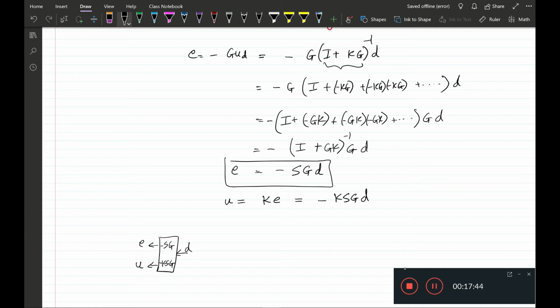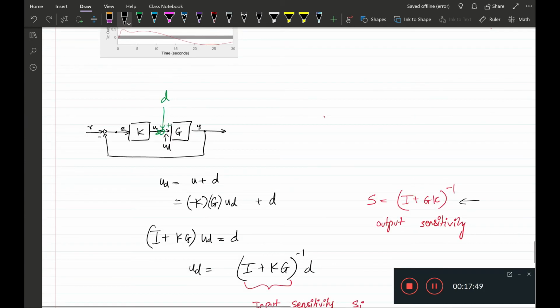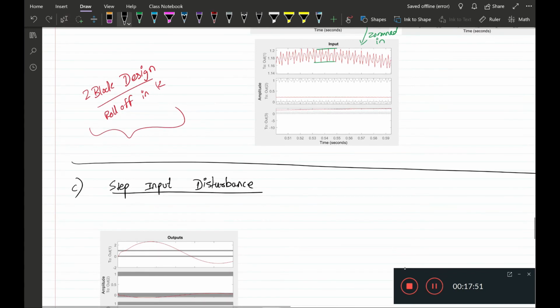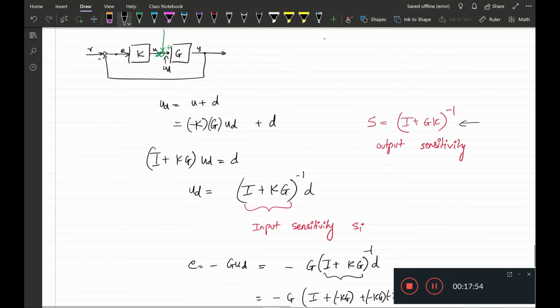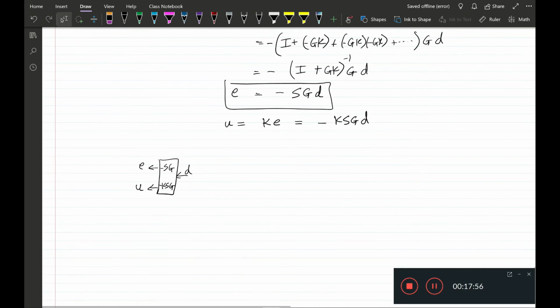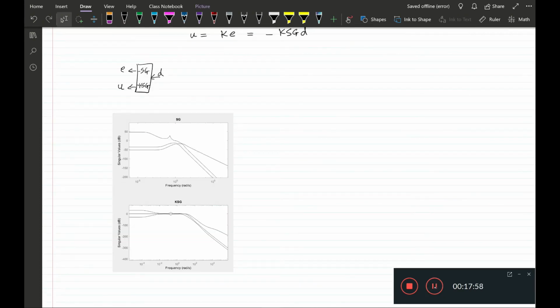Now if we look at these transfer functions for our design, so for our two block design with roll-off in K, let's see what they show us. So these are the transfer functions SG and KSG. Note that we are plotting sigma plots, which are equivalent to taking the absolute values of SG and KSG for a SISO system, and so the negative sign here is not of any consequence.